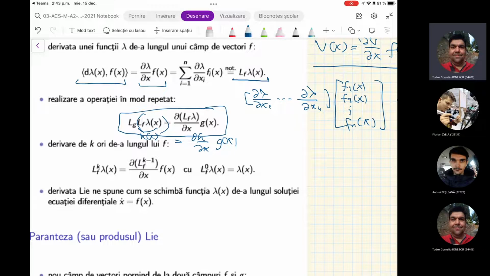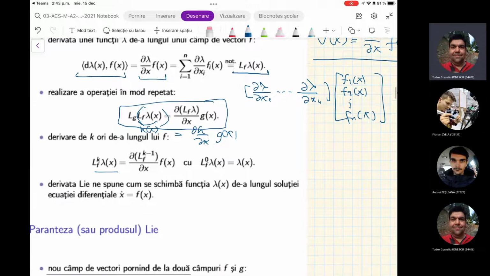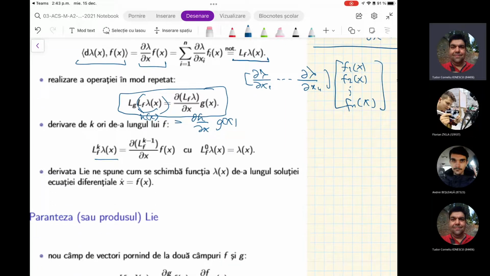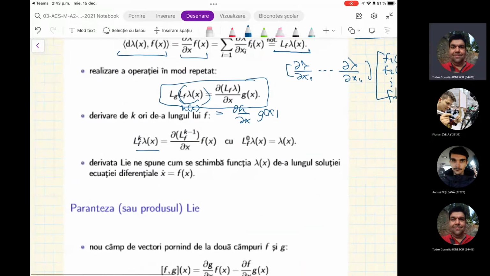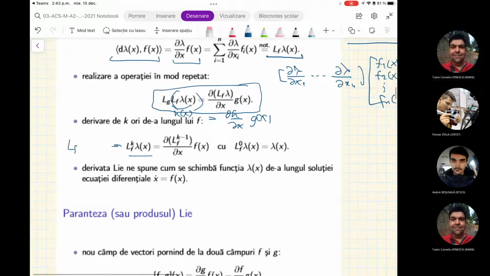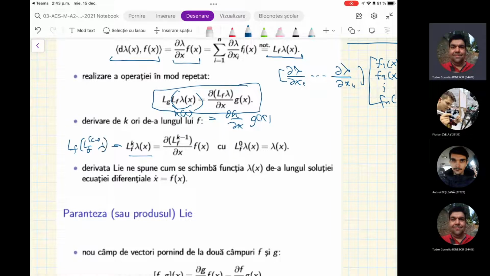Now you can do this derivative inductively up to level k, k being any positive integer, and you have L_f^k lambda(x). This is the L_f of L_f^(k-1) lambda. Then it's d lambda^(k-1) dx times f(x). And for 0, it's the function itself, no derivative.